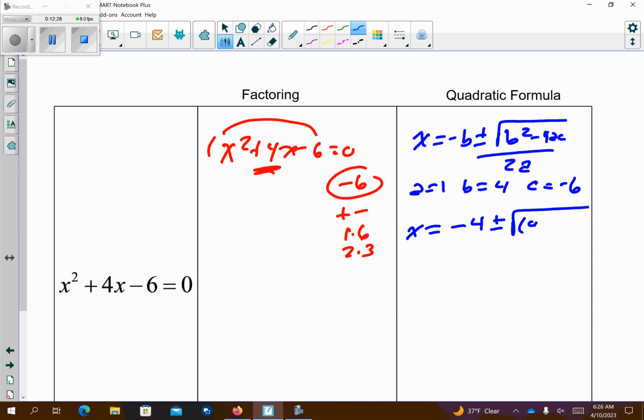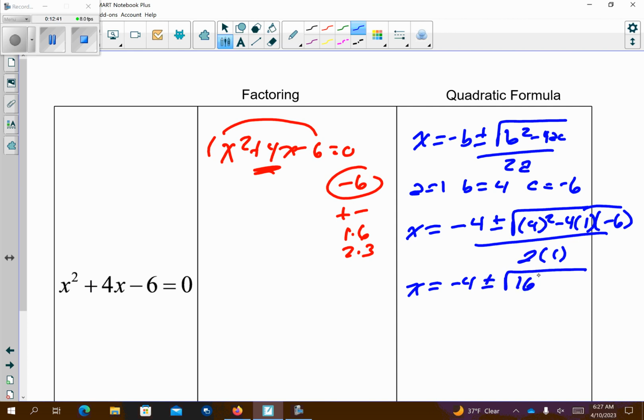Plus or minus 4 squared minus 4 times a times c, all divided by 2 times a. Clean this up, so I still have a -4 out front. 4 squared is 16. And then I'm going to get -4 times -1 is -4. -4 times 6 is +24 all over 2.